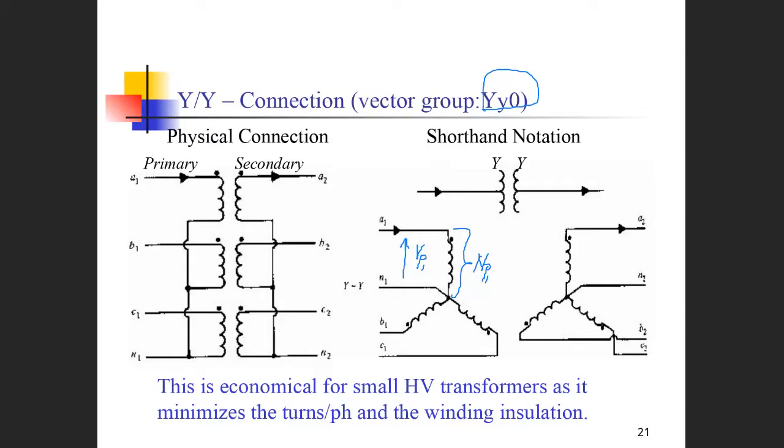So because the phase voltage is smaller, the turn numbers are smaller.